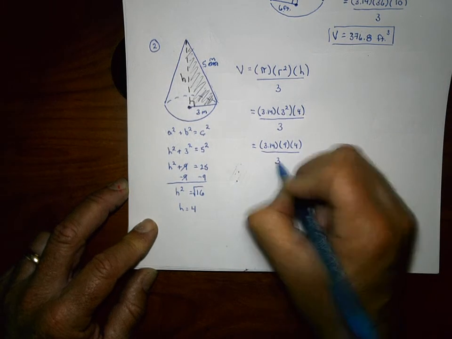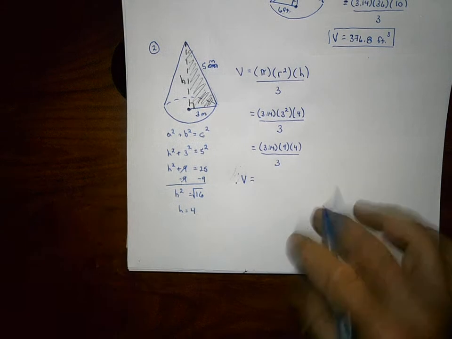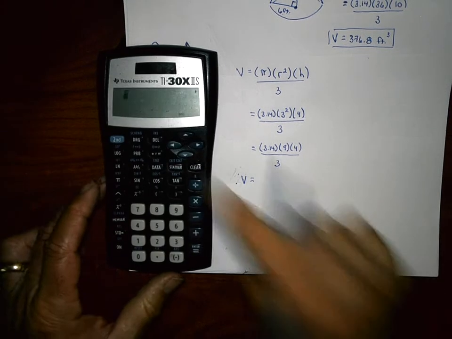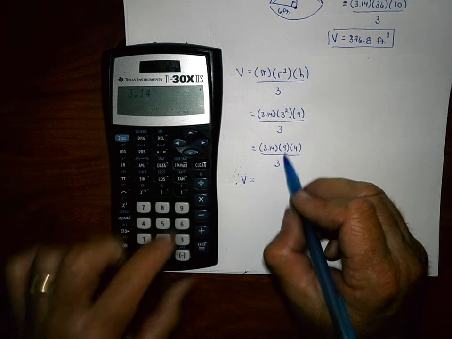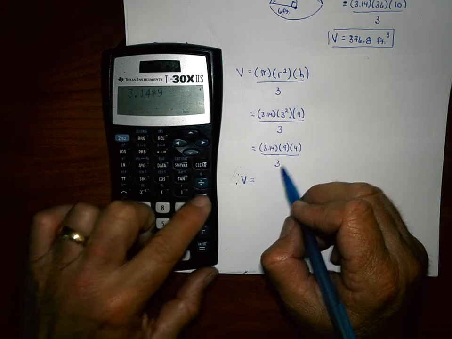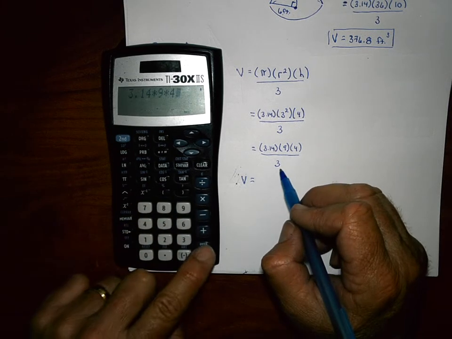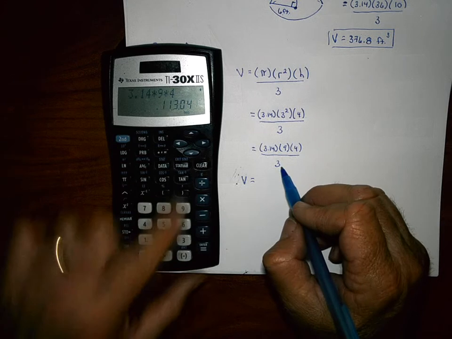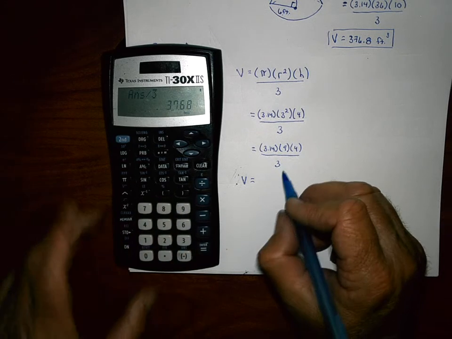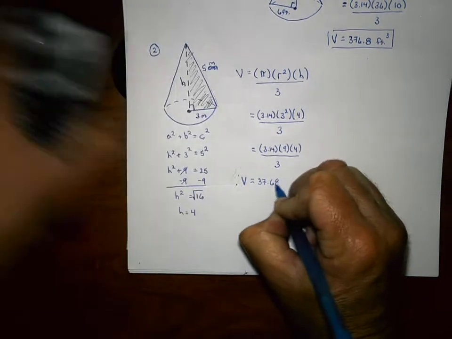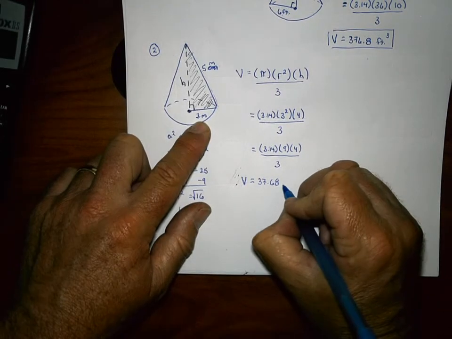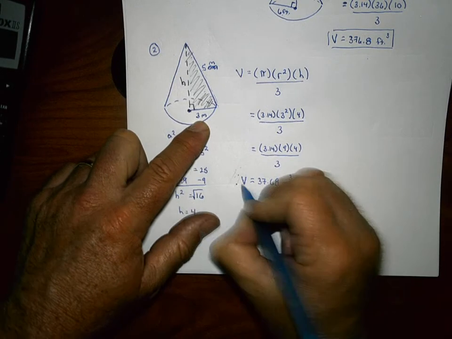I plug the numbers into my calculator: 3.14, multiply that by 9, multiply that by 4. Remember to see what that equals first before you divide by 3. Then we divide by 3. So my volume is 37.68. Then I put in my measurements, which are meters, and it's always cubed. So there would be my volume.